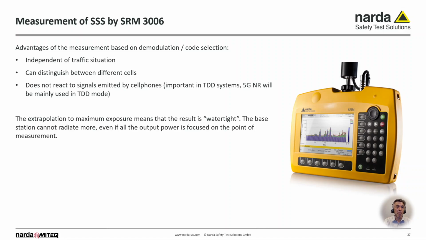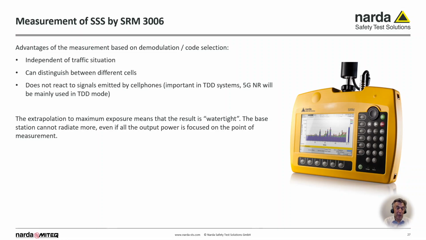Okay. So the extrapolation to the maximum exposure means you will have a watertight result. Remember, with 2G, you just added the factor 2 and you had a watertight result because even when you measured at a minimum point, you multiplied it by 2, the base station was not able to transmit more.